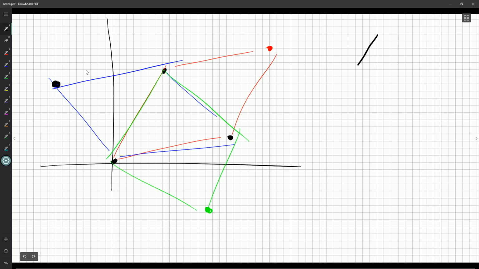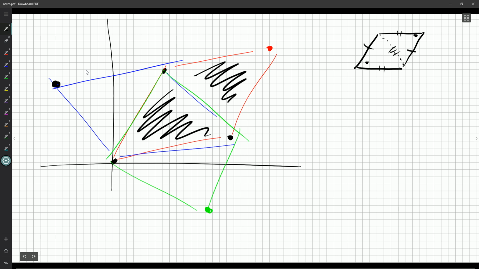If I have three vertices of a parallelogram, how do you get the area? If you chopped the whole thing up, you'll find that these angles are the same, and you'll get two congruent triangles. They have this side in common, so the area between these three vertices is the same as the area over here.